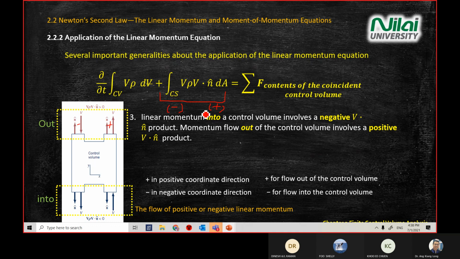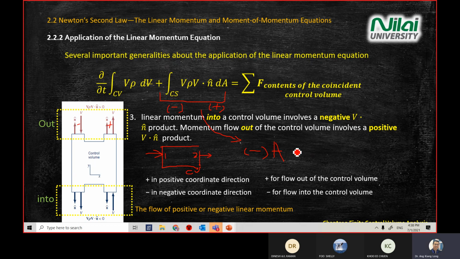What does it mean? Let's say I'm drawing the control volume, and the flow is flowing in from 1 and flowing out at 2. If you calculate this section, called the control surfaces, we are expecting a negative A, which is the linear momentum that goes into section 1.